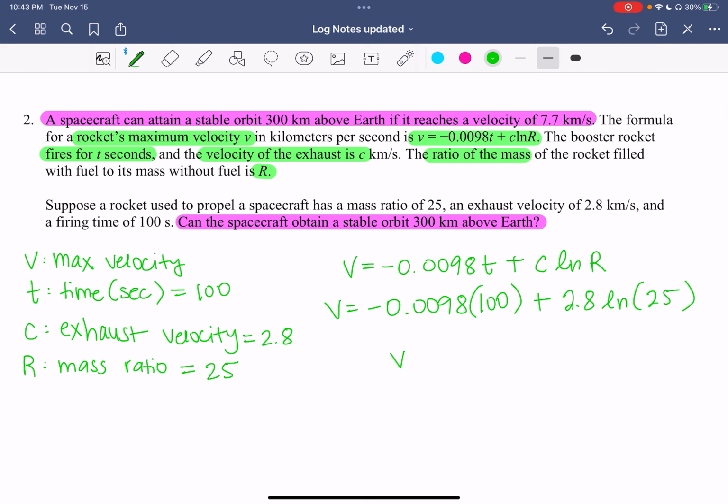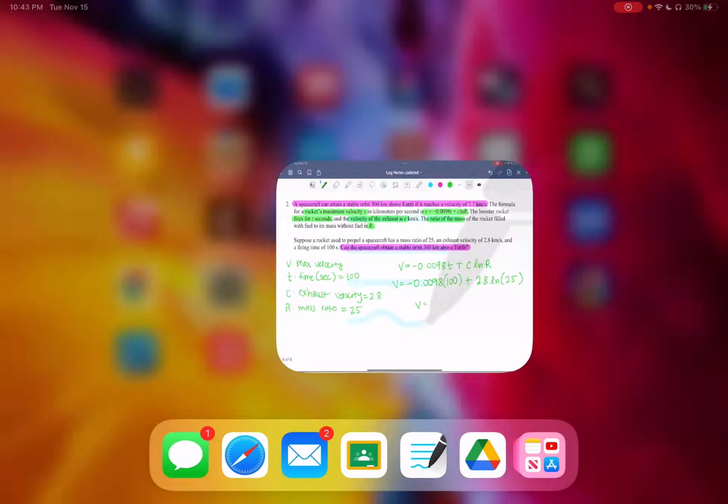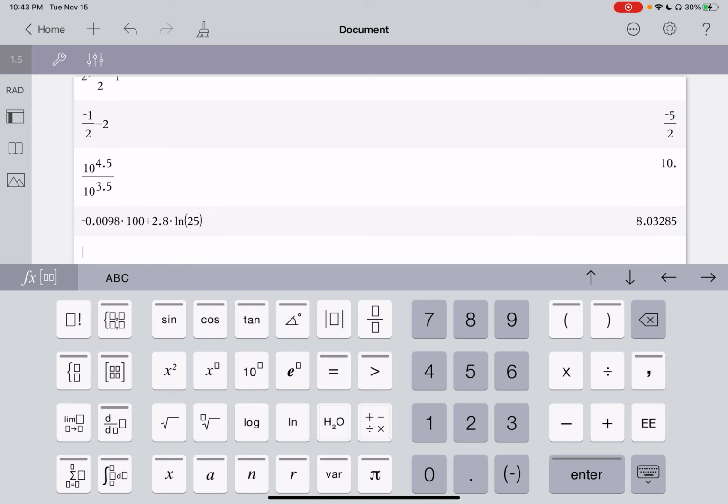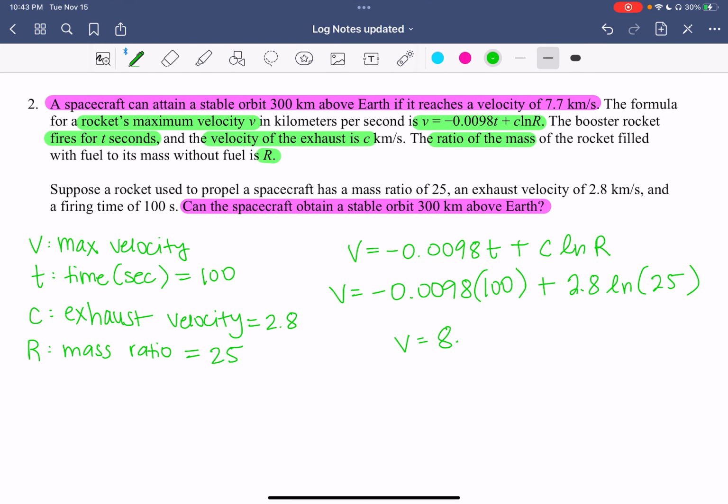Then we can type this straight into the calculator: negative 0.0098 times 100 plus 2.8 times the natural log of 25. That gives you 8.03 if you round. So the velocity is 8.03 kilometers per second.